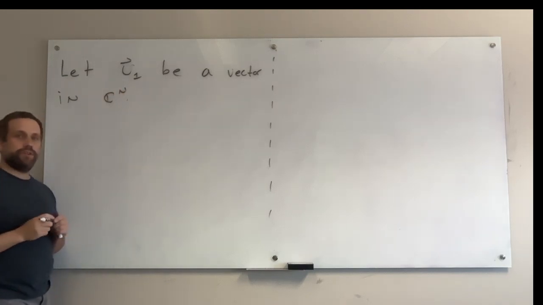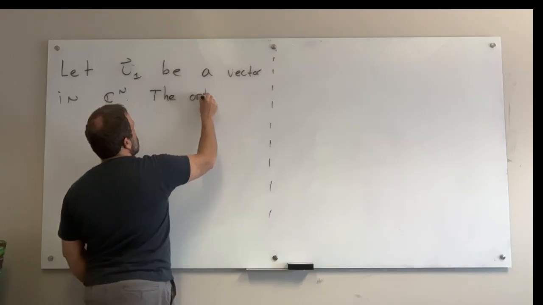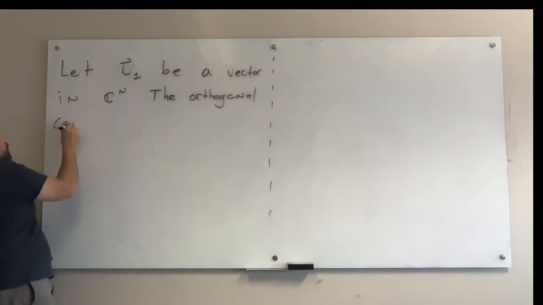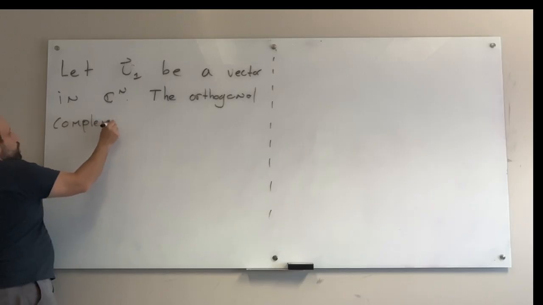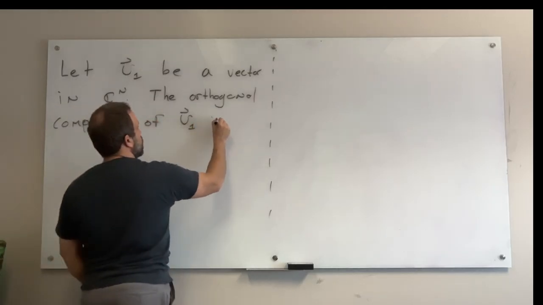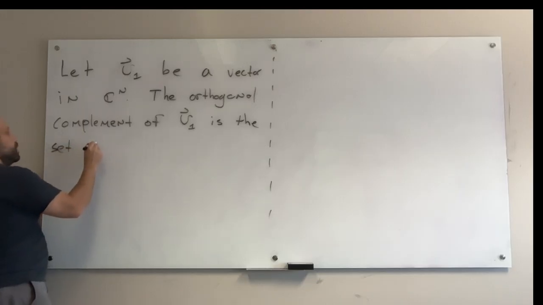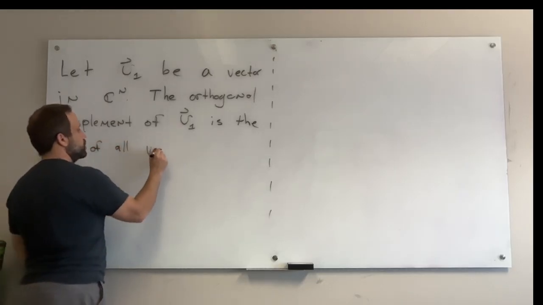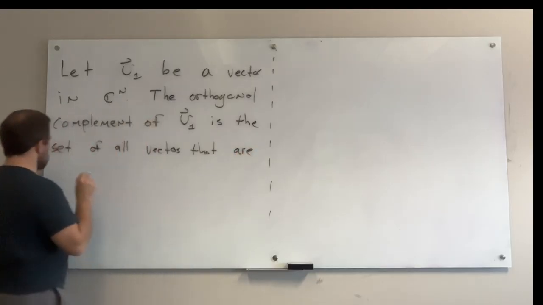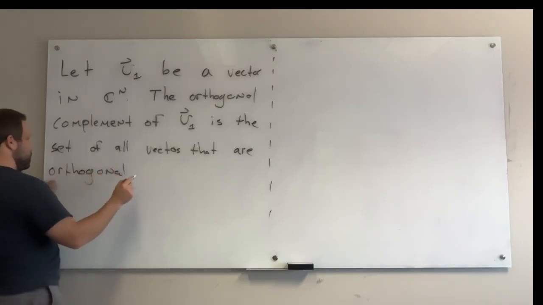The orthogonal complement of V1 is the set of all vectors that are orthogonal to V1.